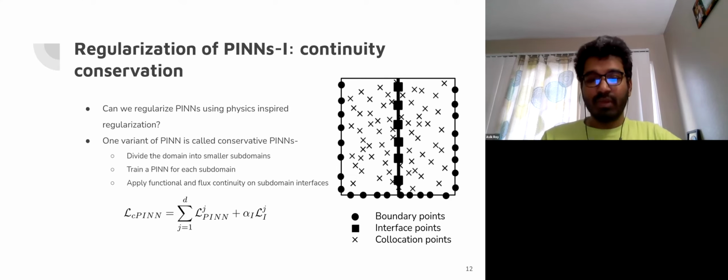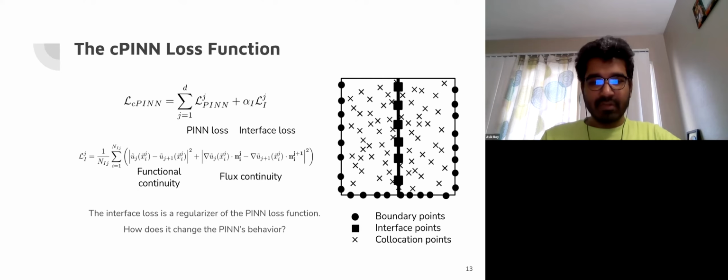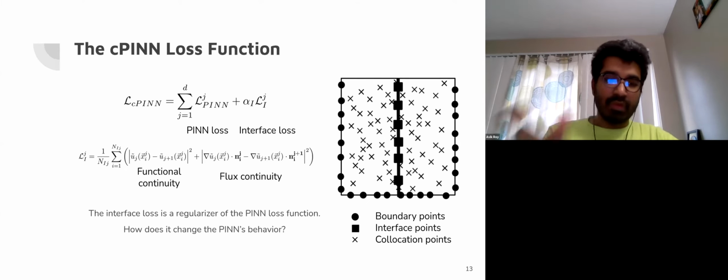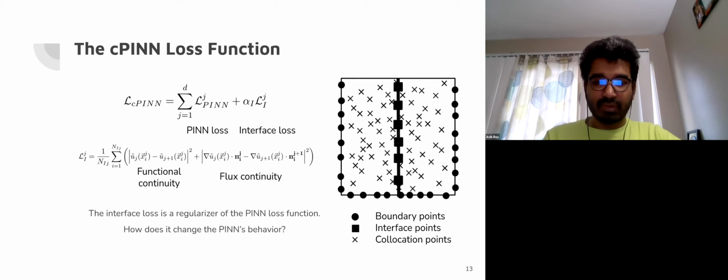If you take a look at this, it certainly reminds you that this is a regularizer, if you think about it. And that is exactly what we are trying to interpret this interface loss as. So the interface loss looks like this. The messy part is you have functional continuity, so you evaluate the function from the left subdomain and the right subdomain, and you also get their gradients along the direction orthogonal to the subdomain interface.